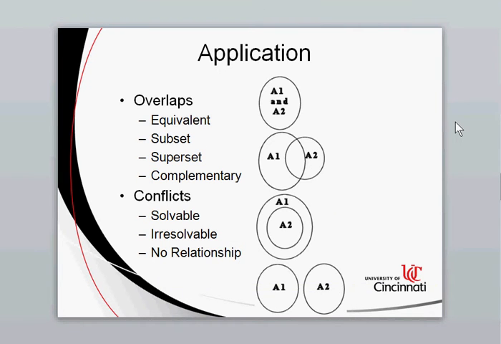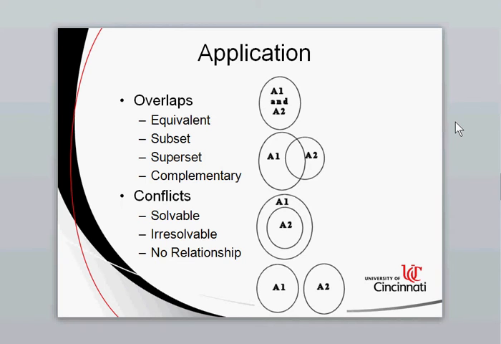The application of overlapping and conflicting semantics can be viewed in this manner. Overlapping breaks down into four different categories: equivalent, subset, superset, complementary. The first diagram on the slide represents an equivalent set of attributes where they are containing the same information. The second diagram illustrates the subset category of overlap, where one attribute contains more information than the other, but there is still some overlap between the two attributes.